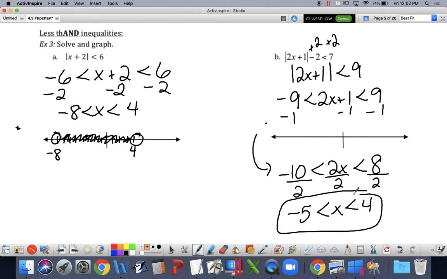So that means I wind up with x is greater than negative 5 and less than 4. I go ahead and graph this on my number line. Because it is less than and not less than or equal to, I'm going to have open circles, and shade everything in between.